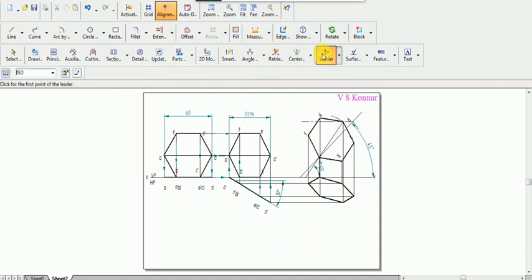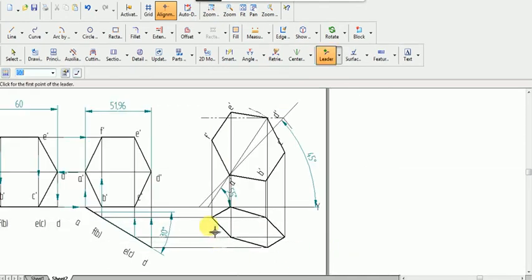And zoom the area for this. Fine, this much is good.